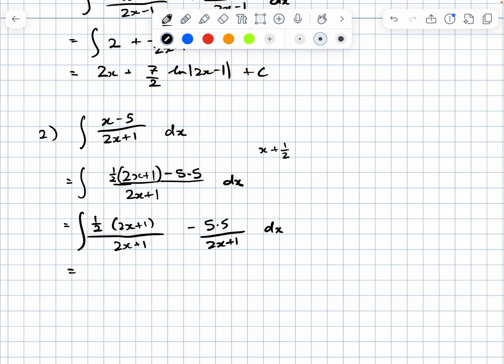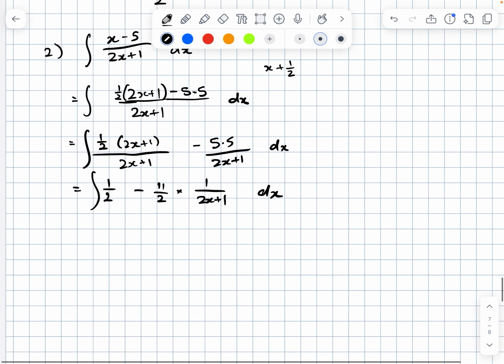And simplifying one more time, that gives me a half minus, now we don't normally have decimals on top of a fraction. 5.5 as a fraction is 11 over 2. So that's minus 11 over 2 times 1 over 2x plus 1. And now we're in a form that we can integrate.